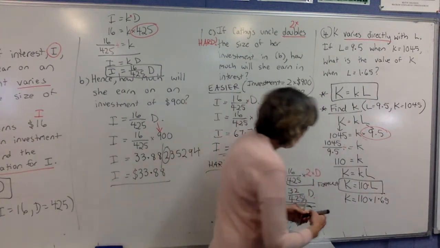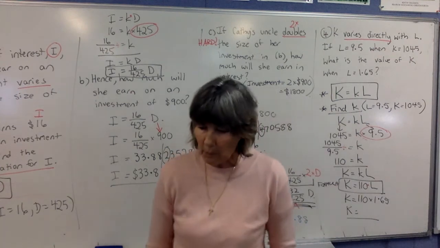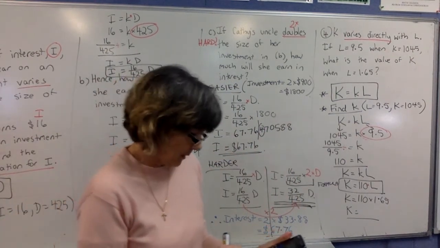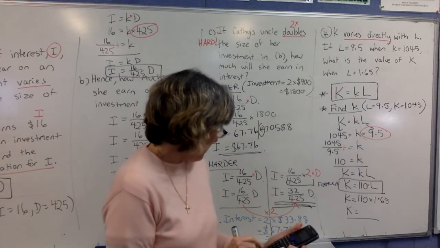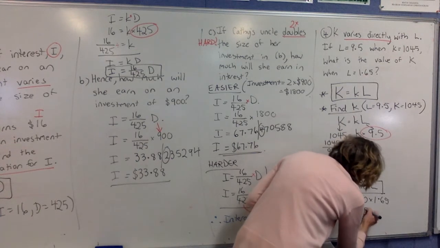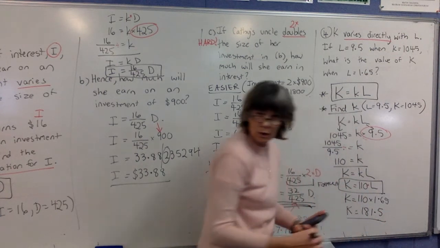All you're doing is multiplying those two numbers together. And whatever we get will be our answer. So just put in 110 times 1.65 and you get this. And that's the answer to your question.